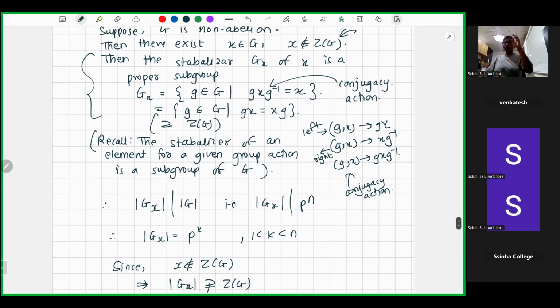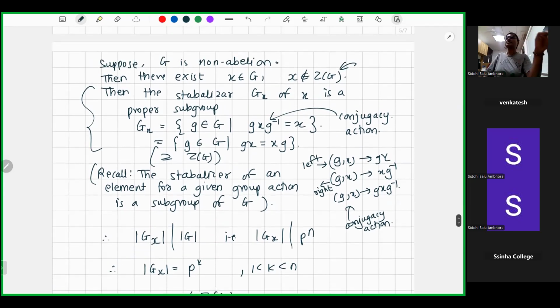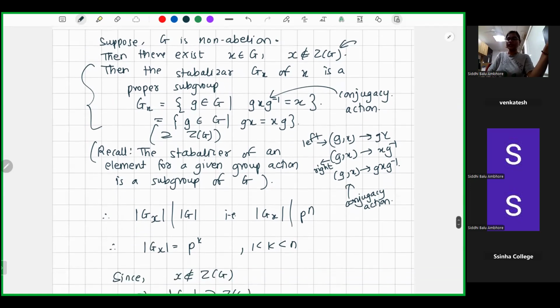Okay, so under this action, we are looking at the stabilizer of element x, this x which we chose to be not in the center of the group, and then we are calculating this Gx. Note that it is the collection of all the elements of group G such that gx is equal to xg. Here I just post multiplied by g and I got this equation. So these two sets are the same.